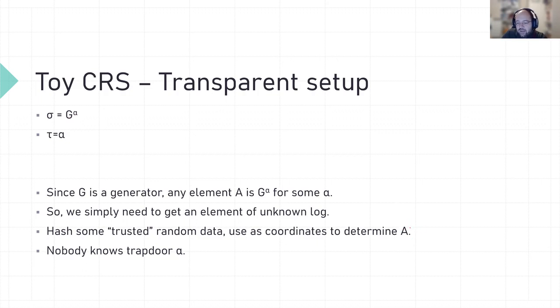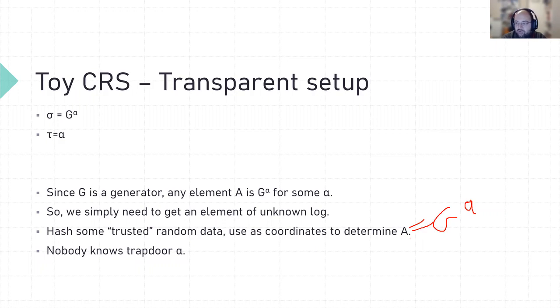Now, this capital A will be equal to G to the alpha for some alpha. But nobody actually came up with this alpha. It's unknown because we directly hashed into the group to get capital A. So we picked a random element without going through its discrete log.